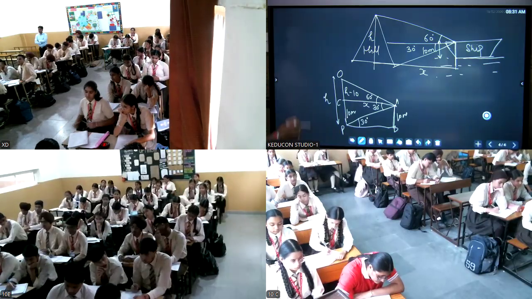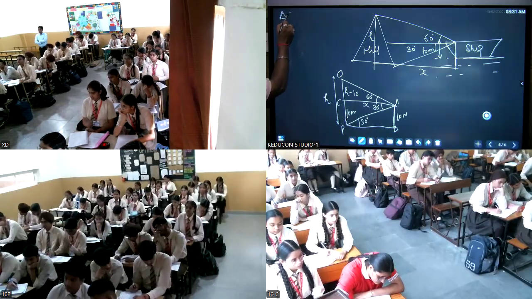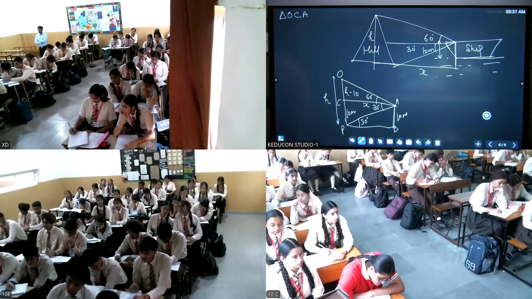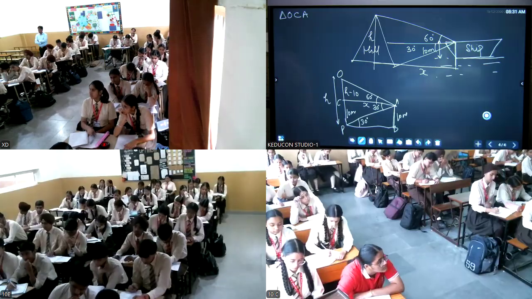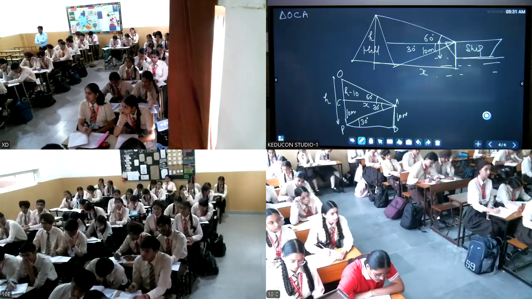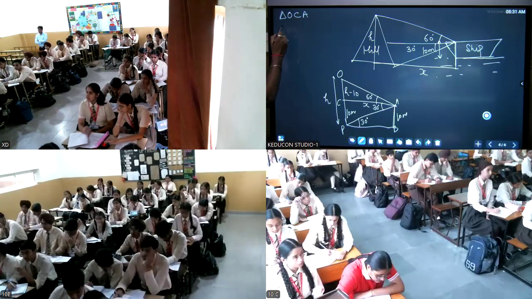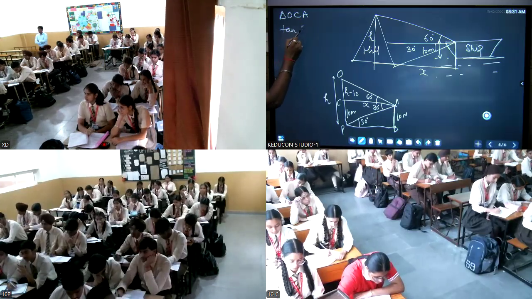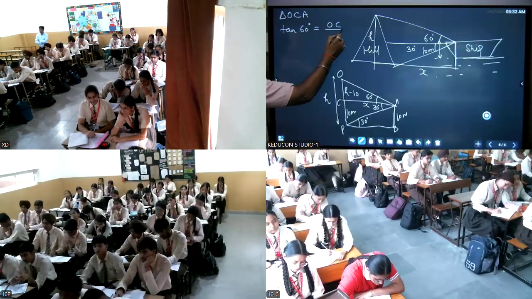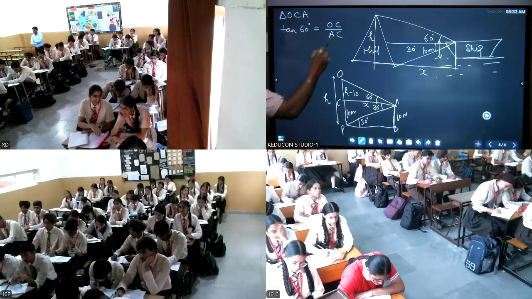So now first we take the triangle OCA, and which trigonometric ratio will apply? Base and perpendicular are given. Which trigonometric ratio? So tan 60 degree will be equal to OC upon AC.